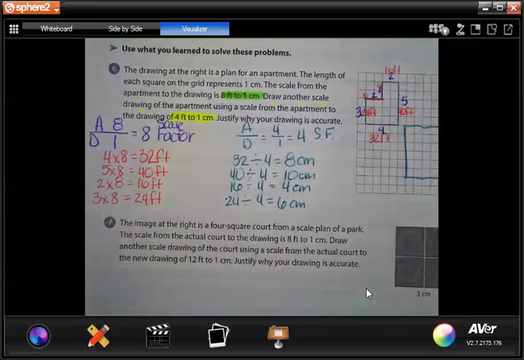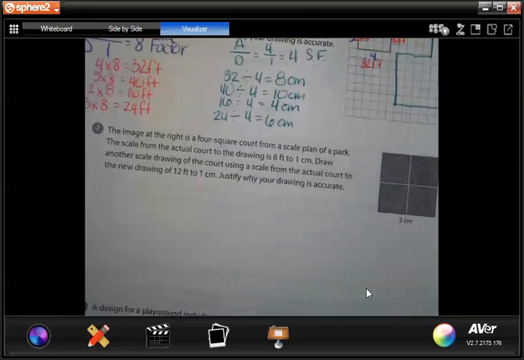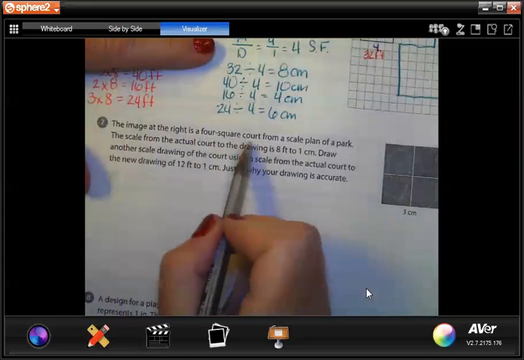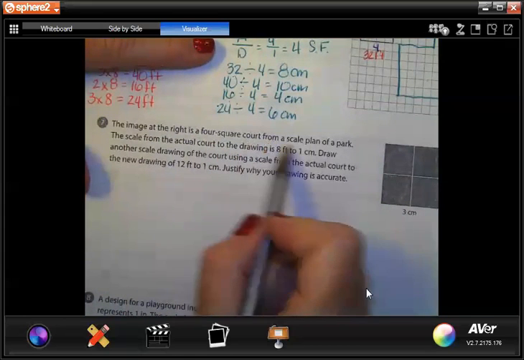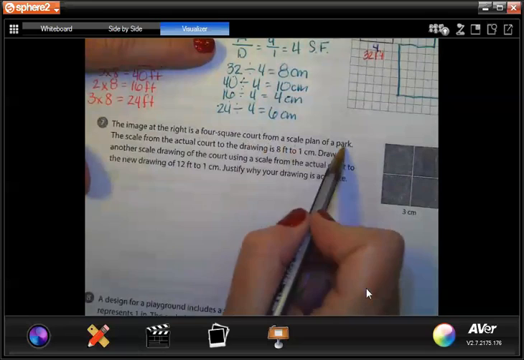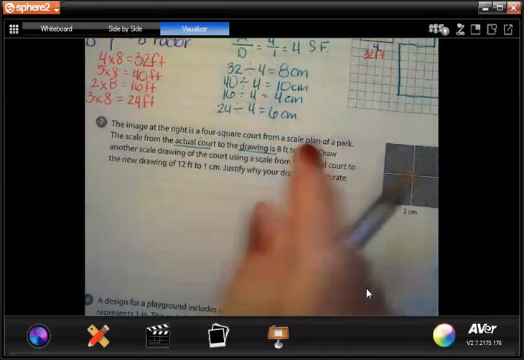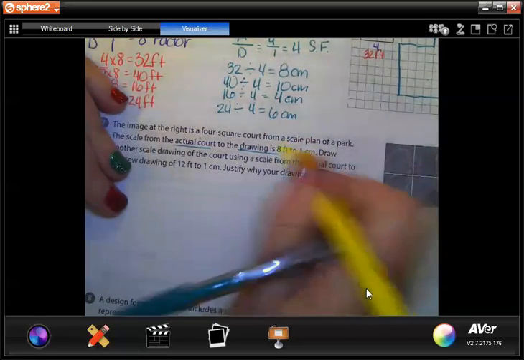All right, let's take a look at number 7. The image at the right is a 4-square court from a scale plan of a park. The scale from the actual court to the drawing is 8 feet to 1 centimeter.